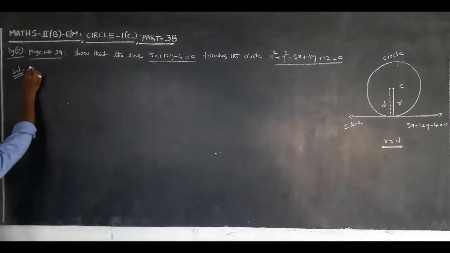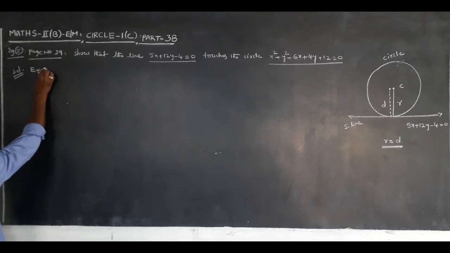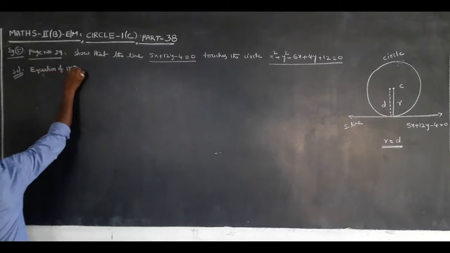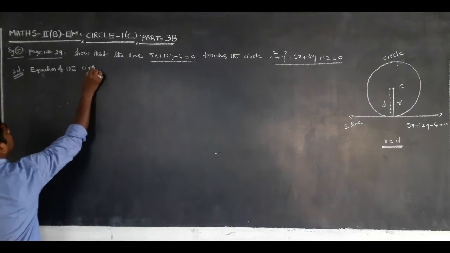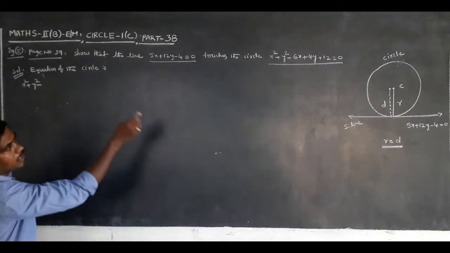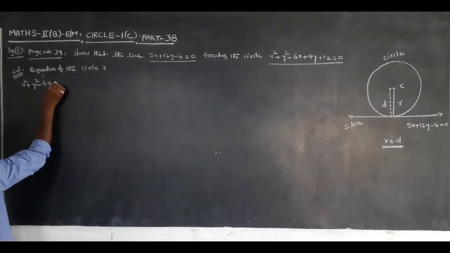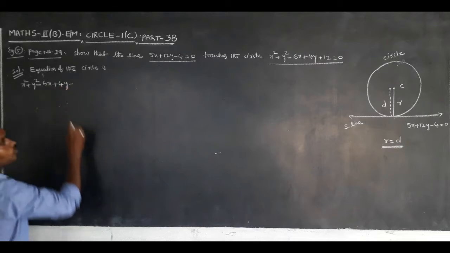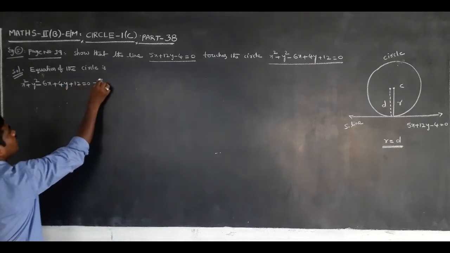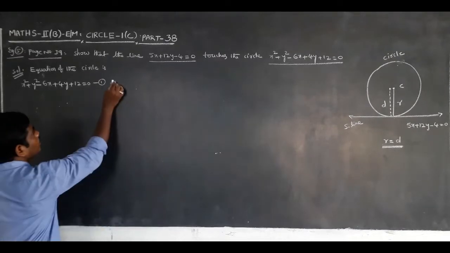The equation of the circle is x² + y² - 6x + 4y + 12 = 0.